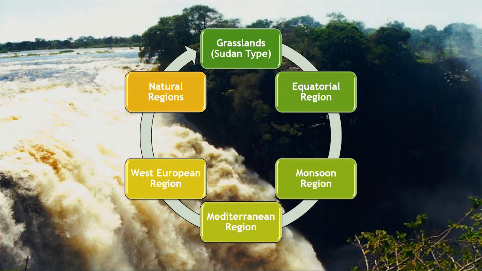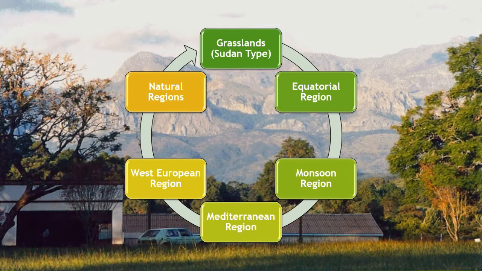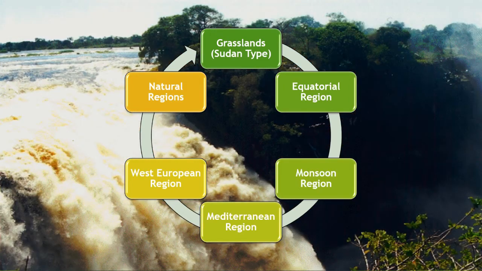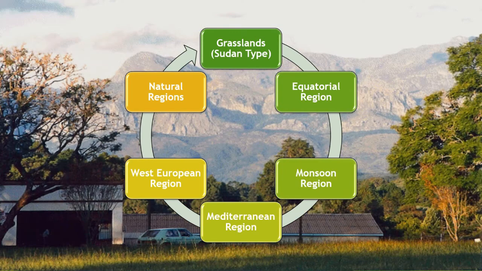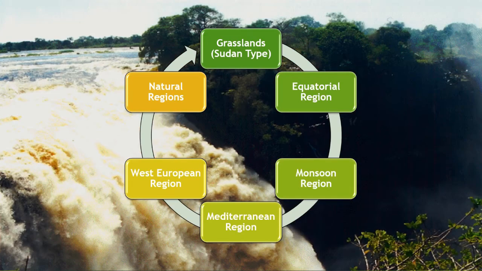The next region we talked about is the equatorial region. We also looked at between what range on the equator this region falls. We also looked at the different animals and birds living in that region, as well as the human settlements that have been living in that region for very long.